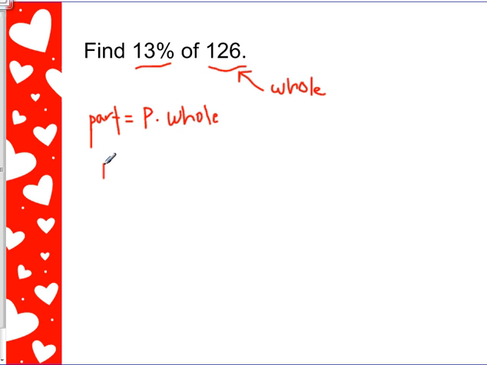So we don't know our part, so I'm just going to call that lowercase p. I know my percent, and I'm going to convert my percent to a decimal. So in this case, it would be 0.13, or 13 hundredths. Multiply that by 126.